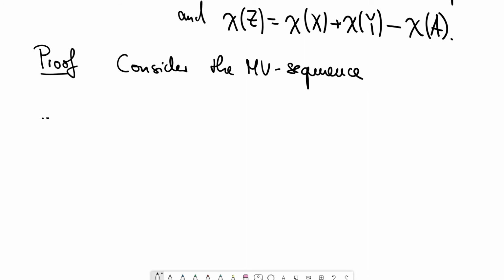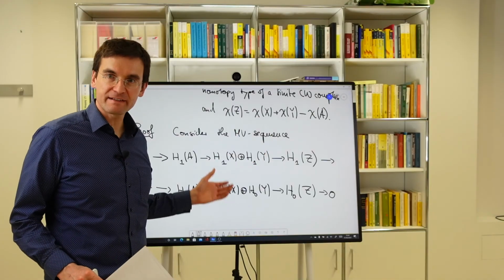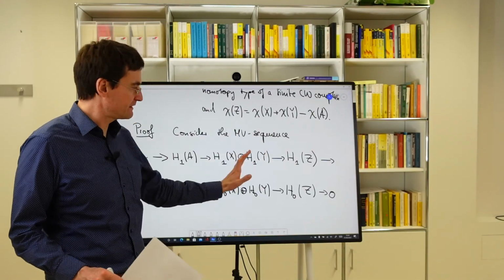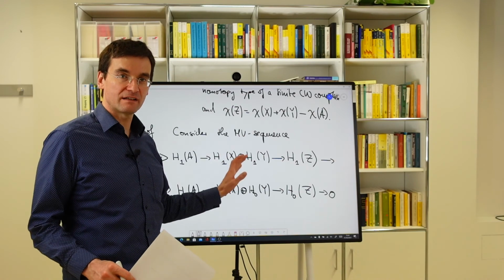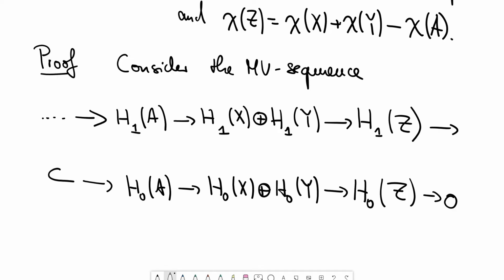So let me draw here the end of the Mayer-Vietoris sequence. Okay, so now comes an algebraic trick. This is a long exact sequence, but I want to consider this as a chain complex, where this is degree 0, this is degree 1, 2, 3, and so on.